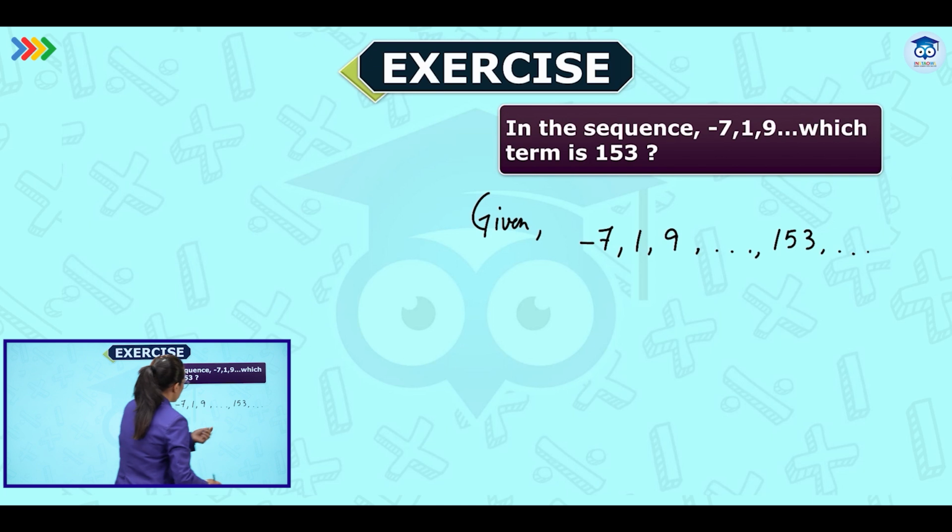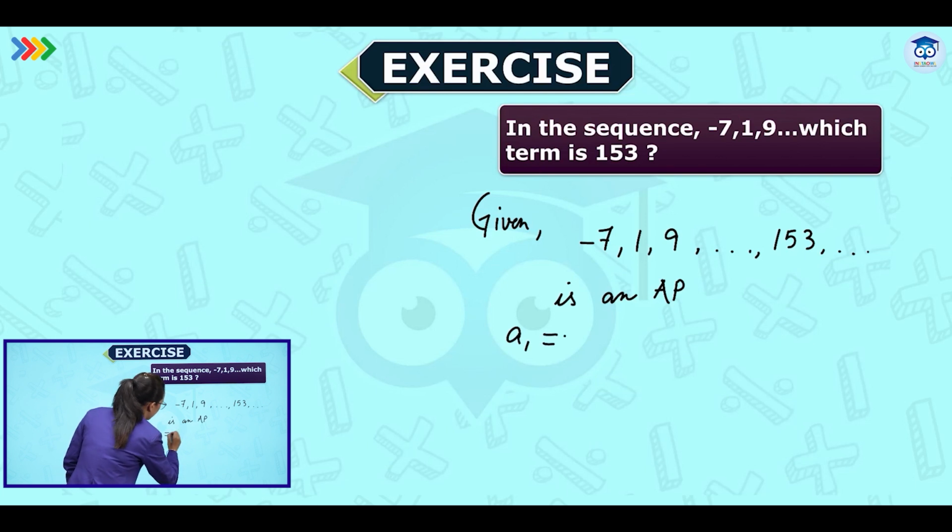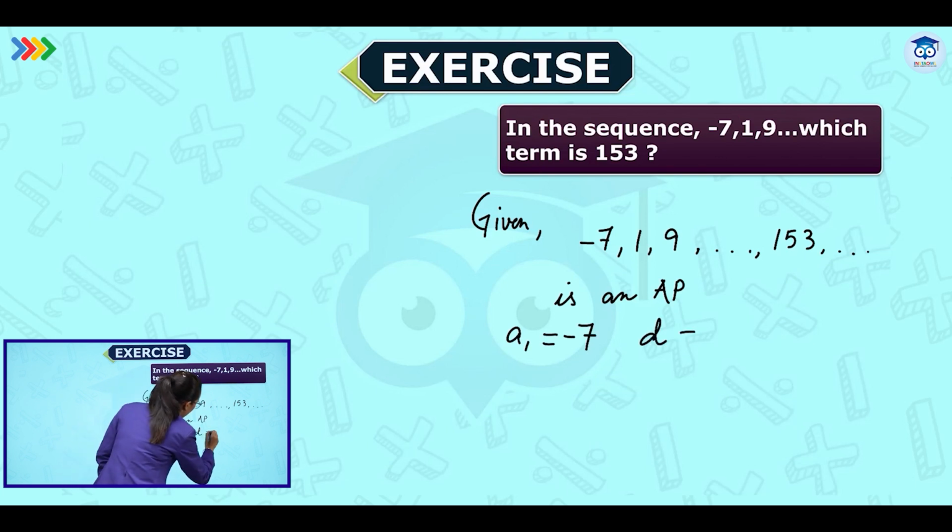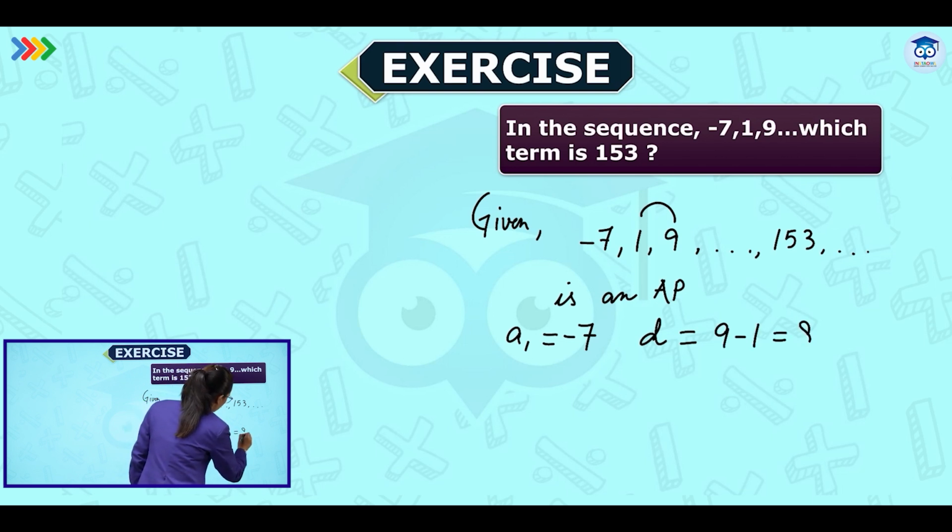This is an AP, so a1 is minus 7. Now we need the value of d. To calculate d, you can pick any two consecutive terms. Let's pick these two: 9 minus 1 is equal to 8.